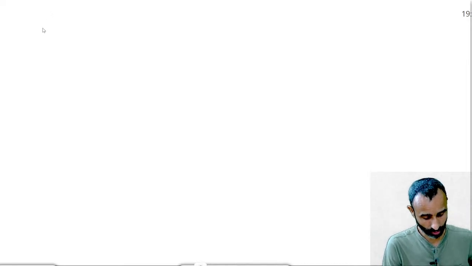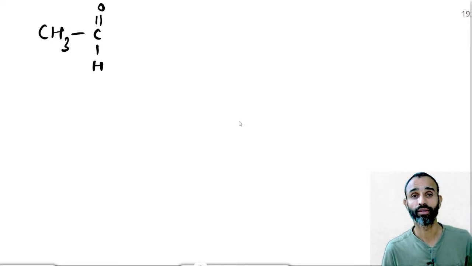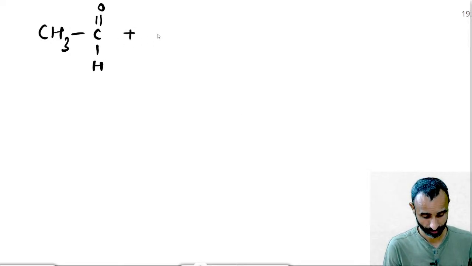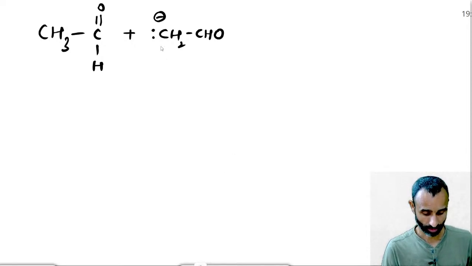If we go through its mechanism, so first of all we have this aldehyde, remove alpha hydrogen, we get this nucleophile, and keep in mind this is called enolate, right? It will attack here.